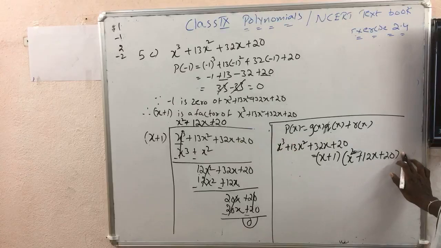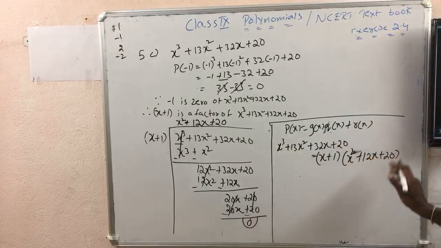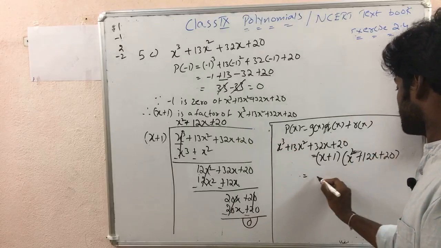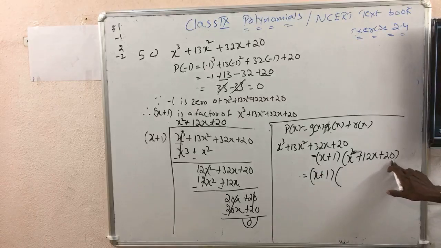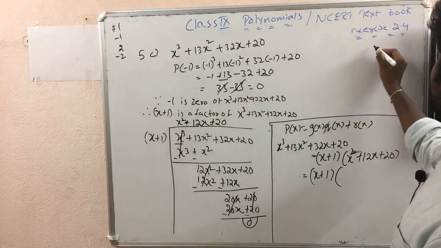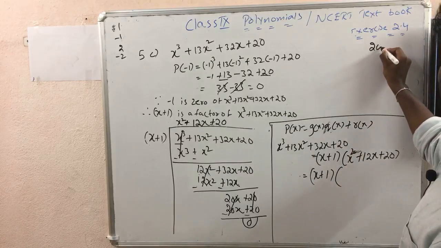So no need to write the remainder because the remainder is 0 itself here. No need to add anything here. Now factorize this, x plus 1 into, observe carefully, 20 into x square. Multiply the constant and the x square term and you will get 20x square.